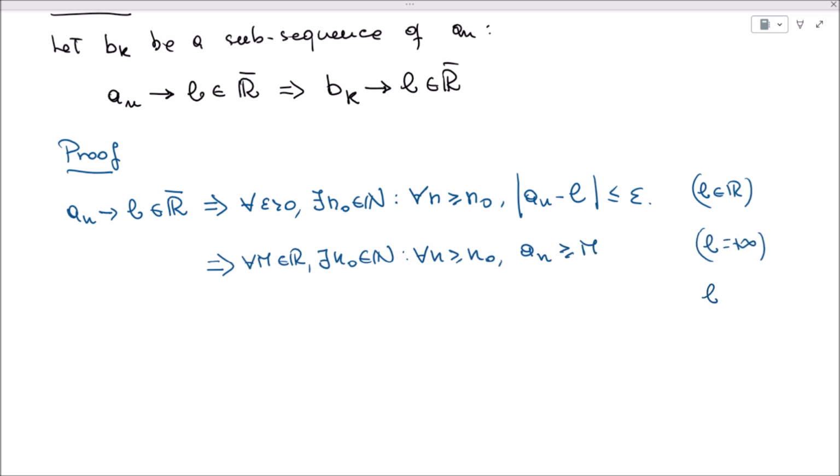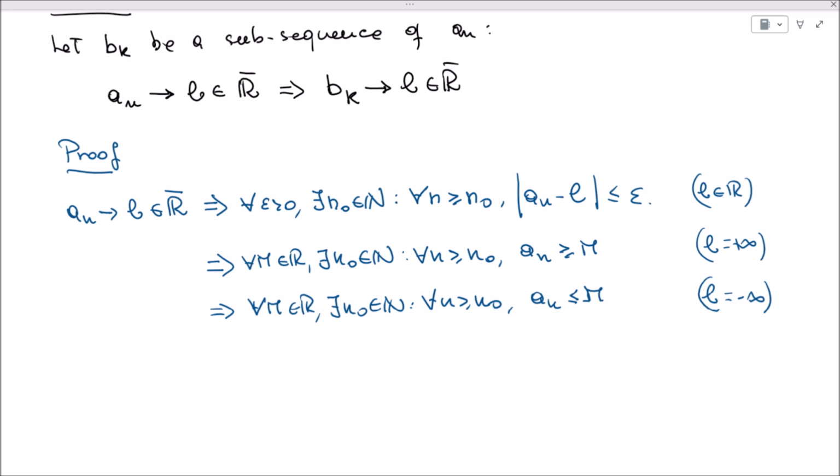And finally, if L is minus infinity, then for every m in the real numbers, there exists an n0 such that for every n larger than or equal to n0, we have that an will be less than or equal to m.